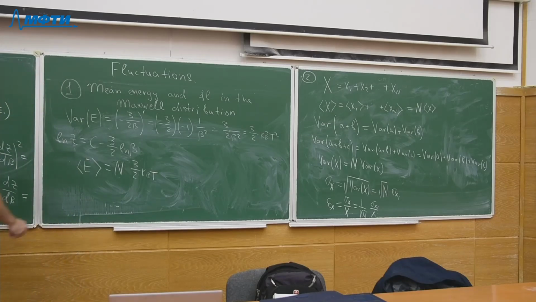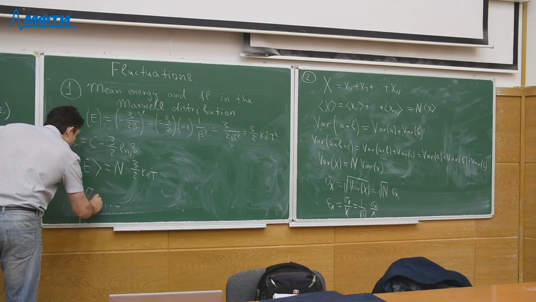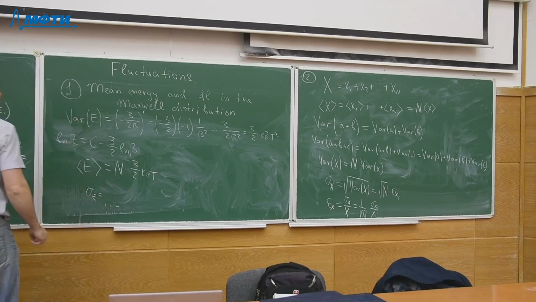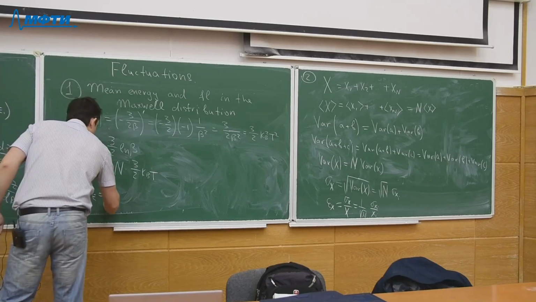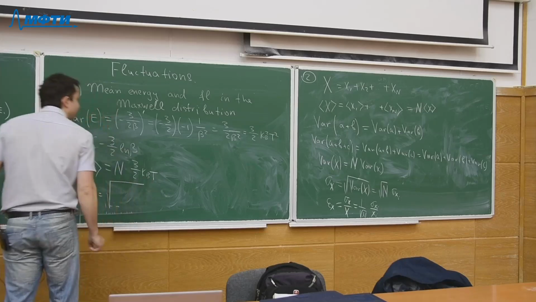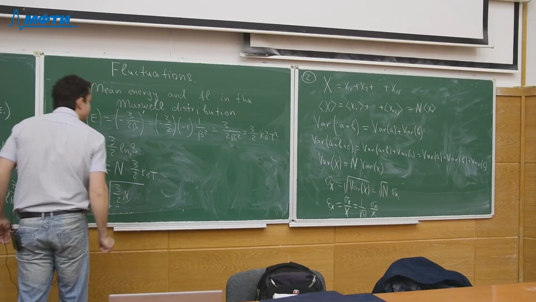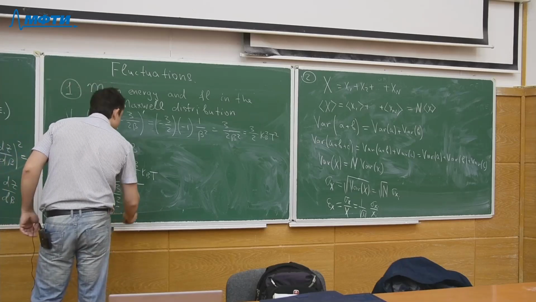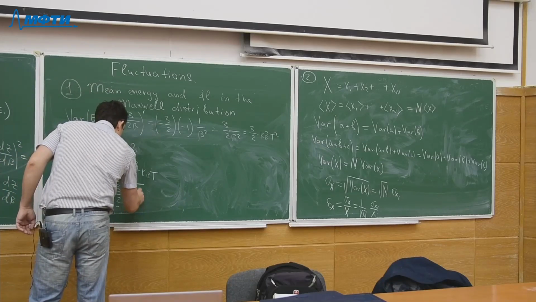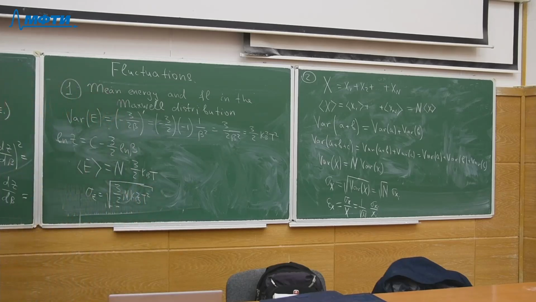if I want to calculate fluctuations of this energy, then I need to do the following. I need to calculate the square root of 3 over 2 times n times kB squared T squared. So that's the fluctuation of energy.